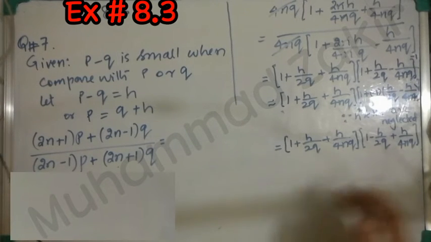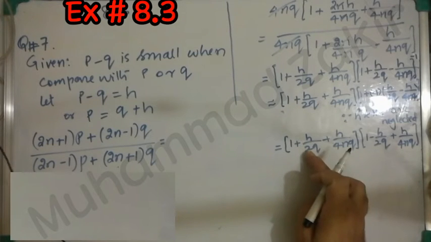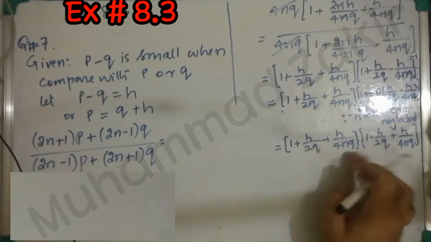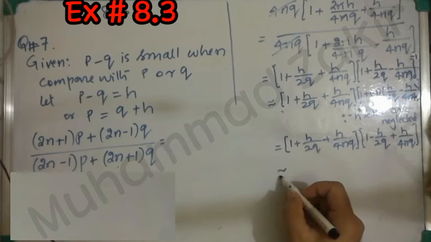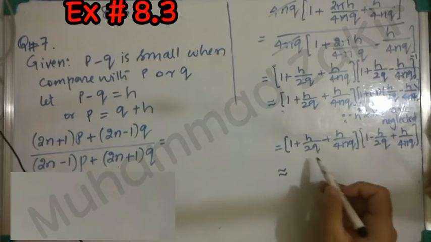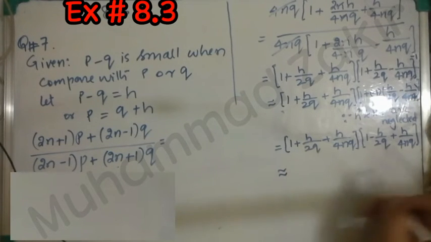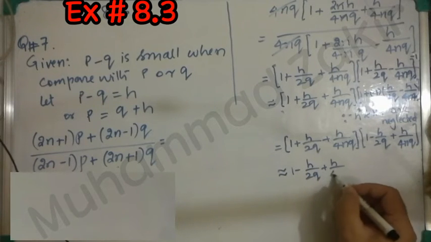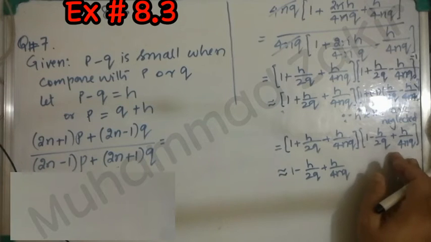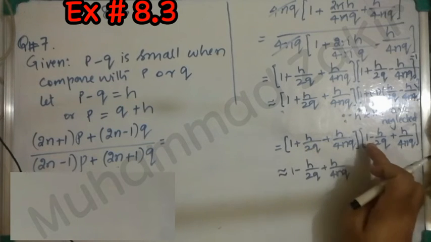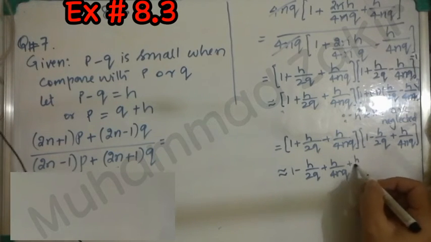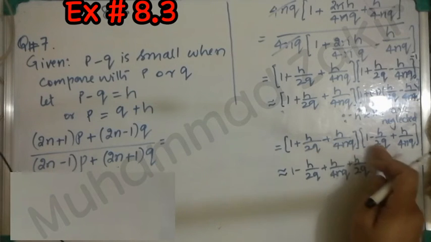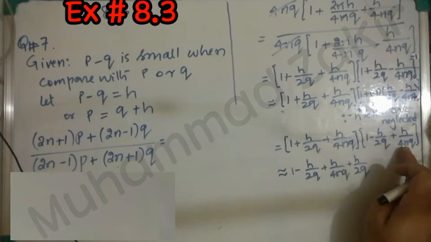And now we multiply them. We will multiply them and we can see that h square will be created, h square will be neglected. Because of that there will be an approximation sign here. 1 multiplied by all these is 1 minus h by 2q plus h by 4nq. These all multiplied by 1. Now the first h by 2q multiplied by the second gives h square, neglected. Multiplied by the third, h square, neglected.